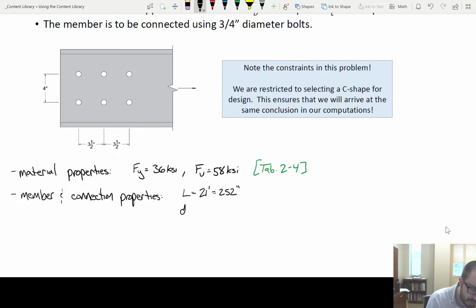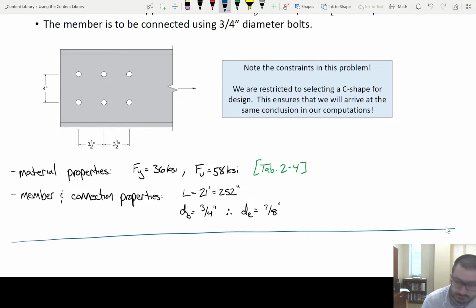And the bolt diameter is, again, our trusty 3/4 of an inch, so our effective hole diameter is 7/8 of an inch. I think that's all that's consistent throughout the problem. So with that, let's jump right into it.